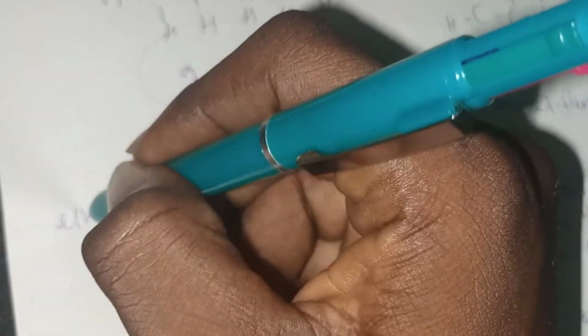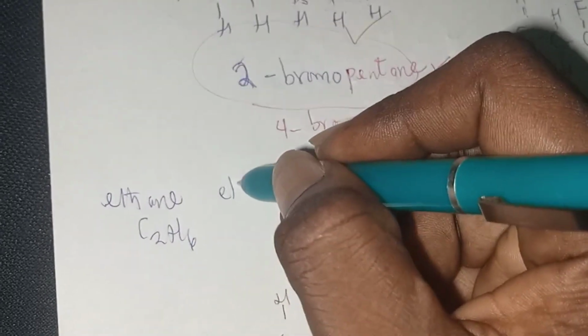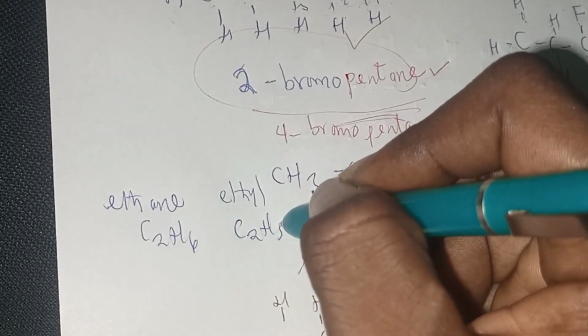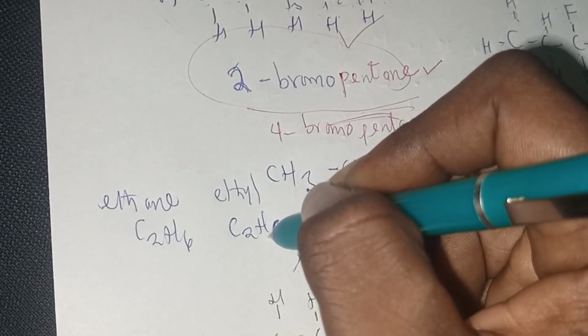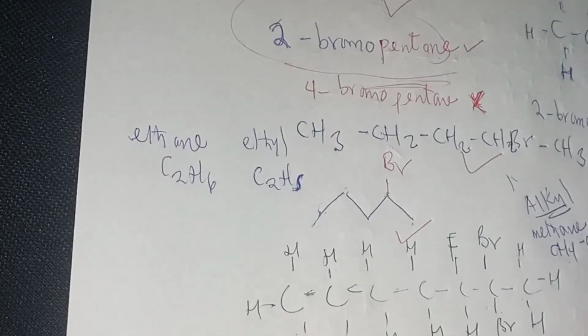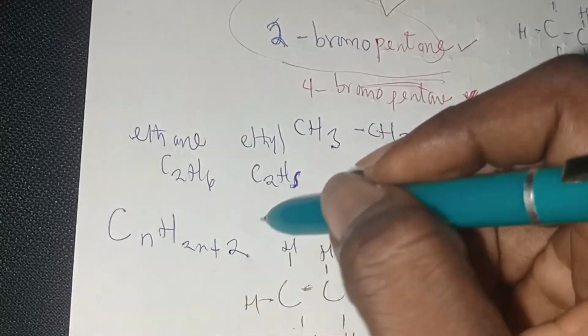If we have, let's say, ethane, which is C2H6, when it loses one hydrogen to form a bond, that's going to be named ethyl, which is C2H5. Do you get it? Please, we should recall before we continue that the formula for alkane is CnH2n plus what? 2.